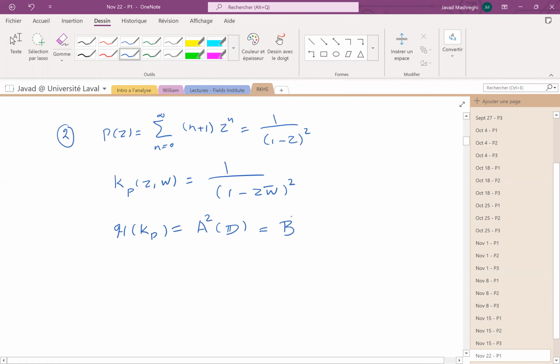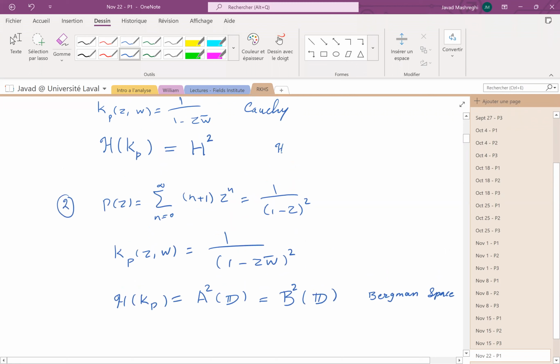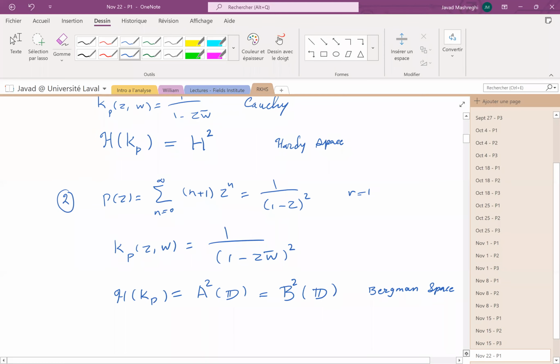In some books, as I said, they call it also B^2, depending on the taste of the author. So it's the Bergman space, and the other one is the Hardy space. Both cases are on the open unit disk.